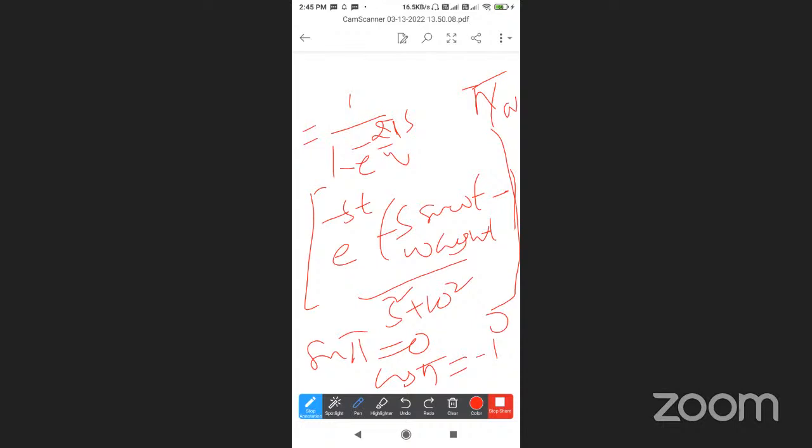So we have to simplify that. The upper term is e power of minus pi s by omega. Once again, look: the upper limit is applied, e power of t value, pi by omega, times s. Here the sin term is 0, minus omega into cos pi, which is minus 1.